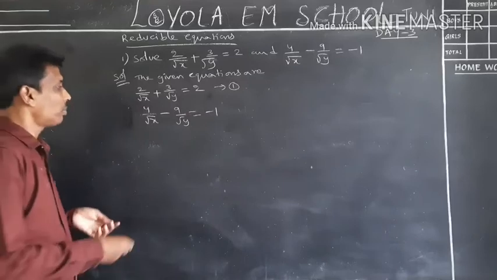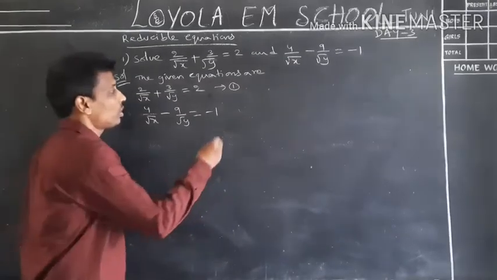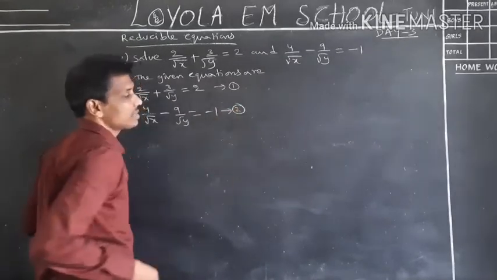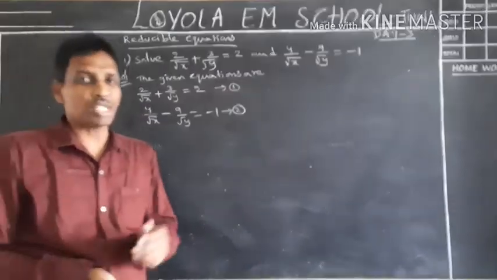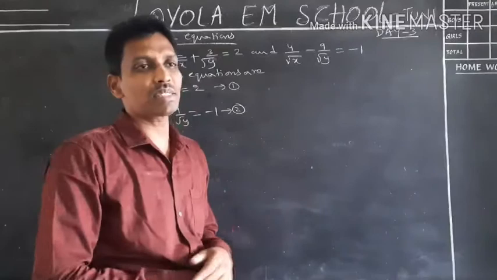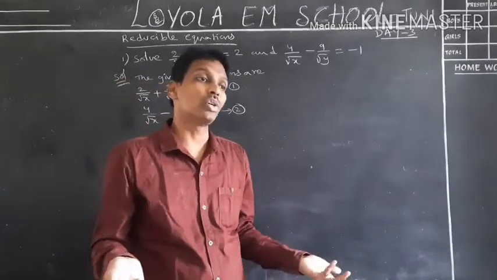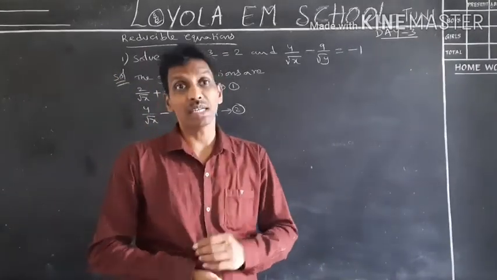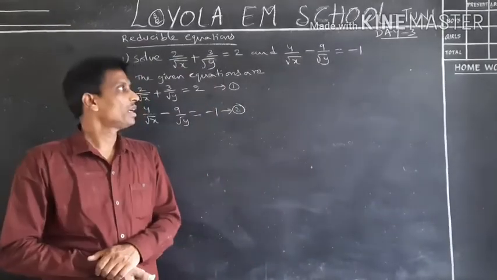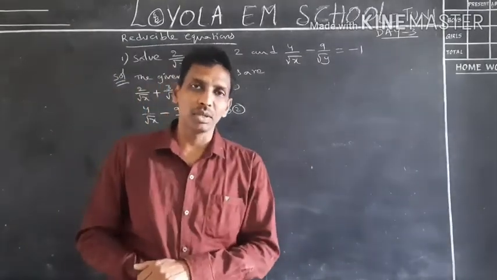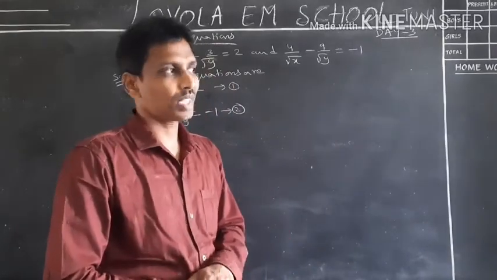Second equation, 4 by root x minus 9 by root y is equal to minus 1. Here, if variables are given under denominators, even if you find the LCM, we can't do the simplification. It becomes difficult. So in such cases, we would like to take some substitutions.